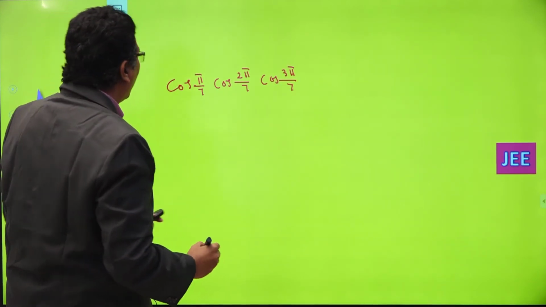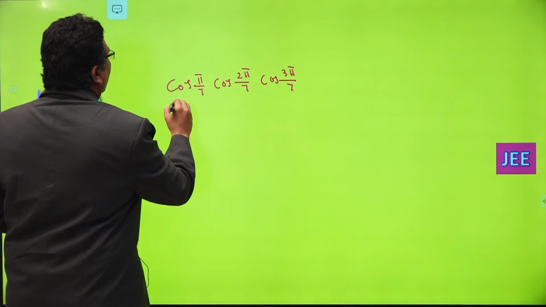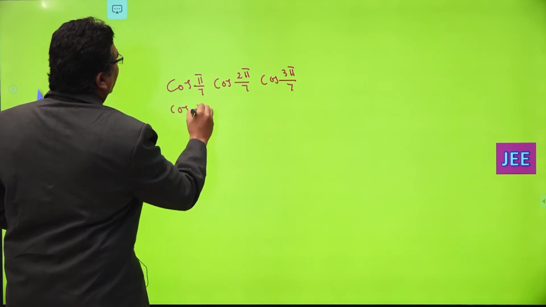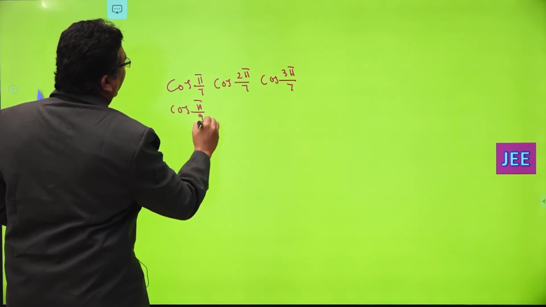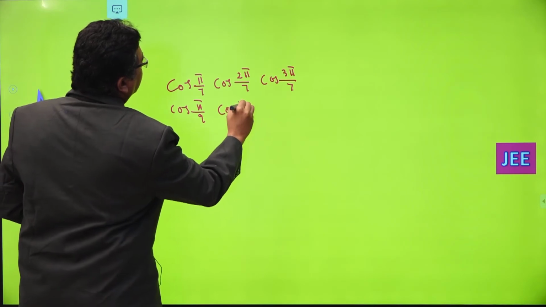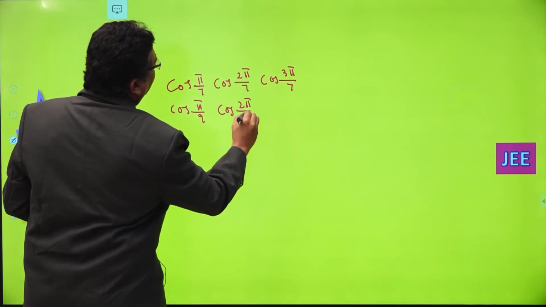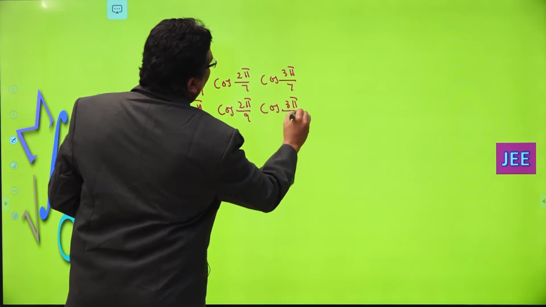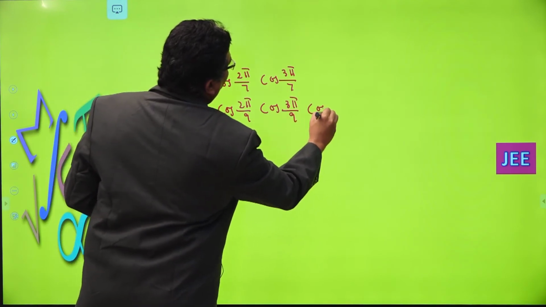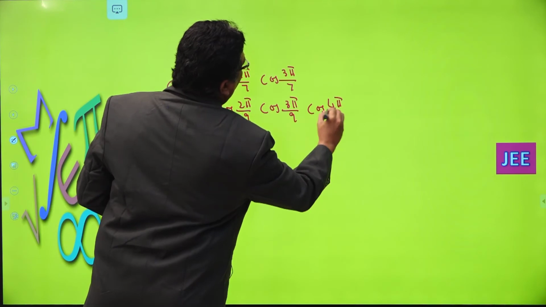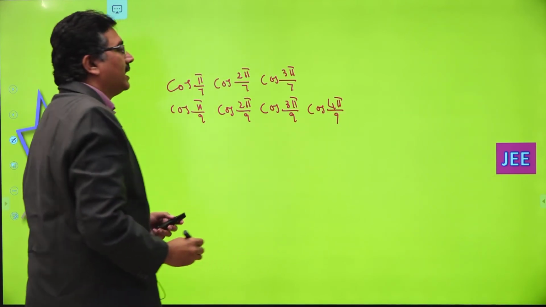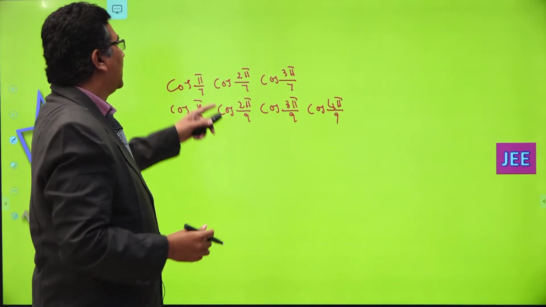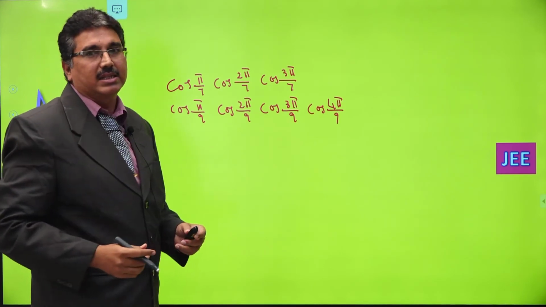Now, what is the value of cos pi by 9, cos 2 pi by 9, cos 3 pi by 9, cos 4 pi by 9? Okay, right. What are the values of these two expressions?